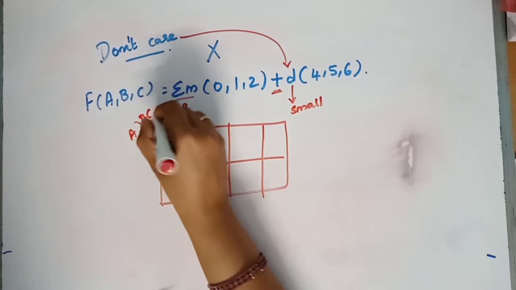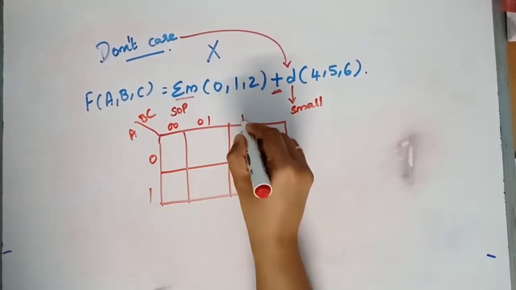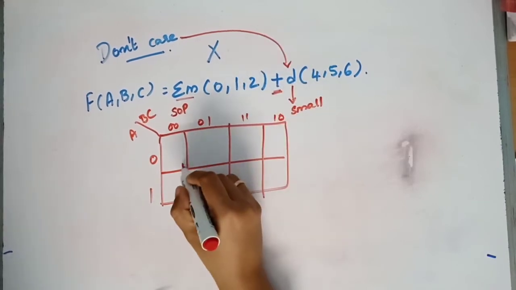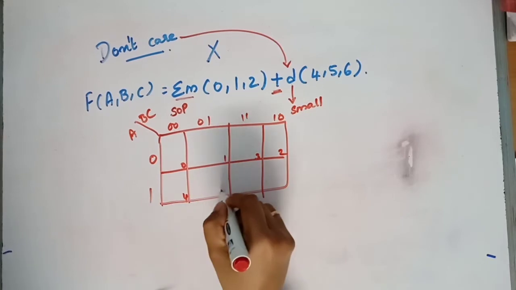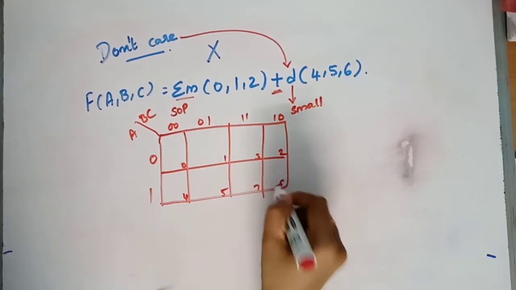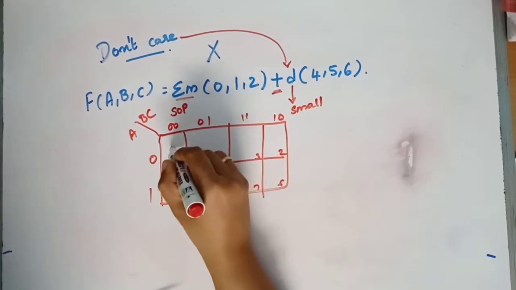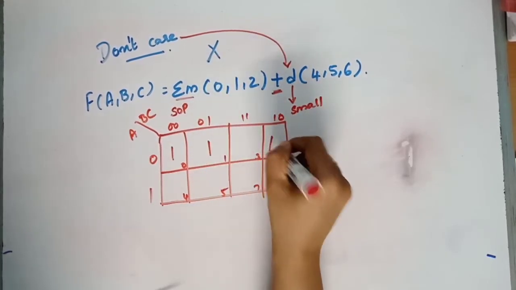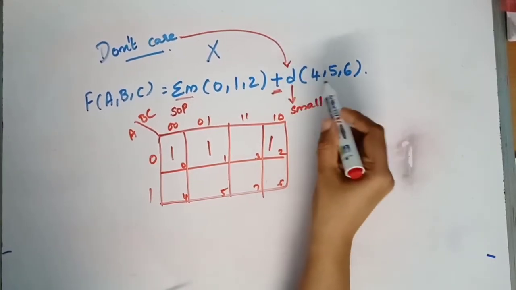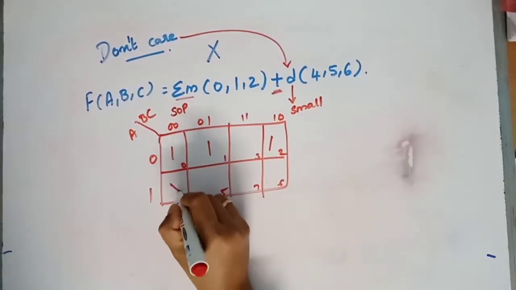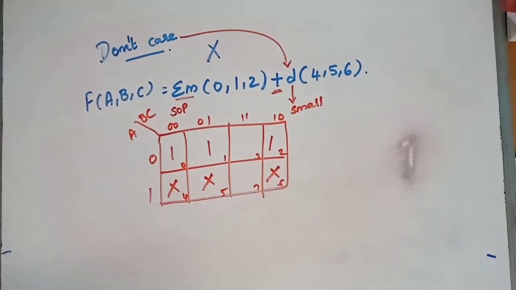Okay, so how will you draw this? A, B, C, 0, 1, 0, 0, 0, 1, 1, 1, 1, 0, 0, 1, 3, 2, 4, 5, 7, 6. So 0, 1, 2, this is SOP, so we are putting 1, and D 4, 5, 6 will put the don't care sign.